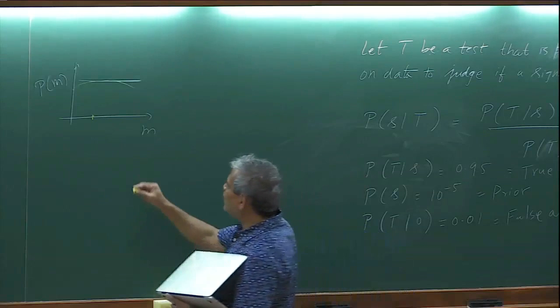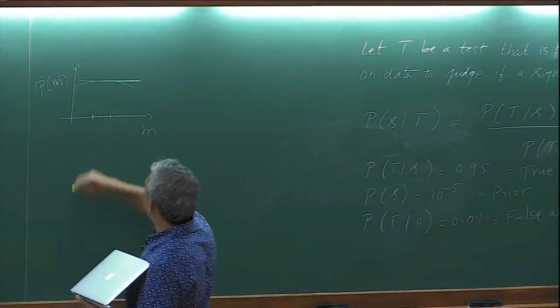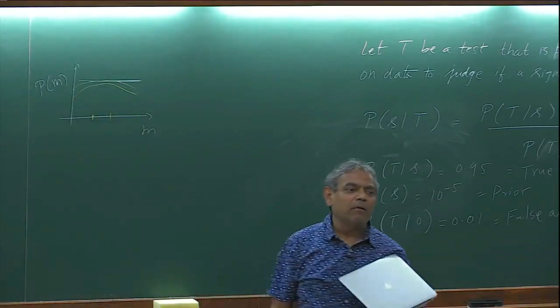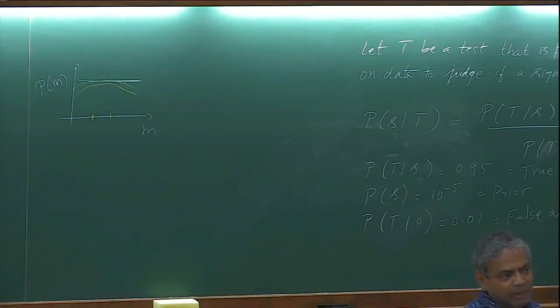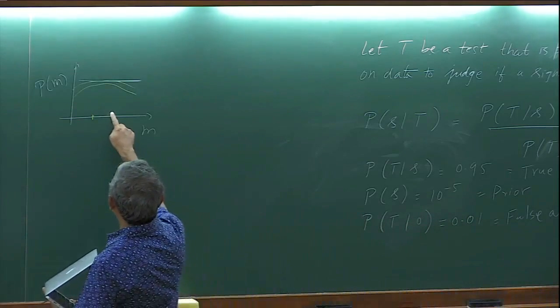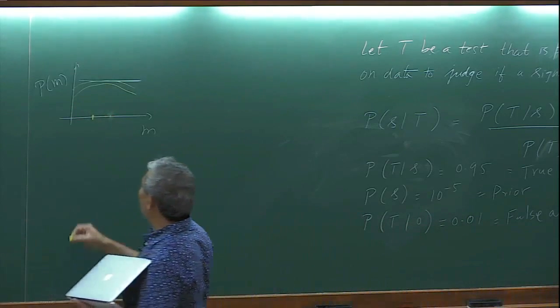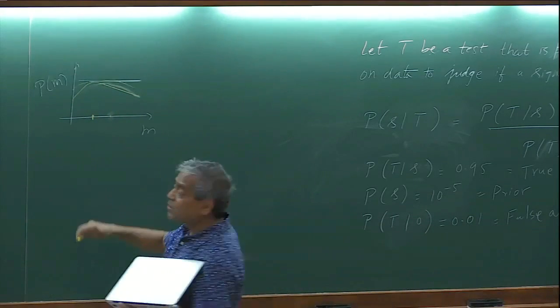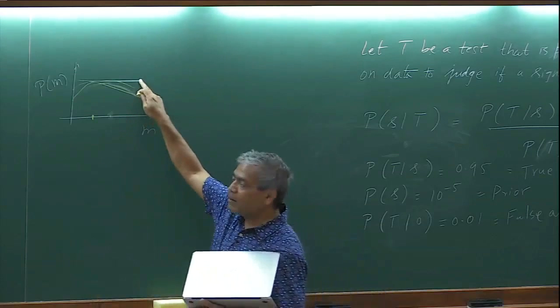After two, you may observe something here. It will still be very small. It requires a large number of experiments. It might be slightly peaked, but it will still be broad because that was your prior.